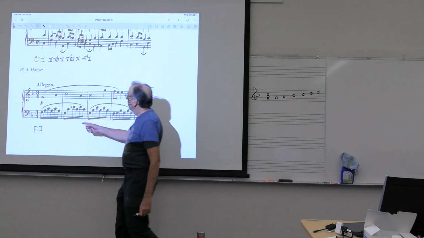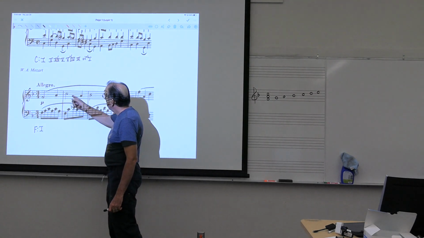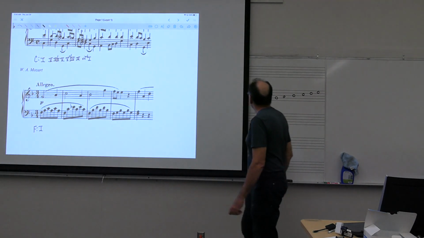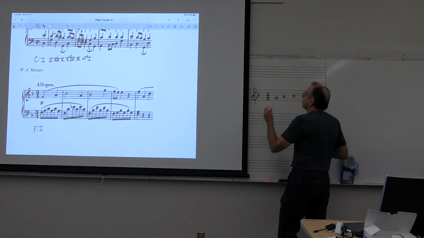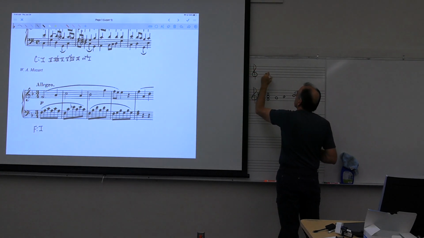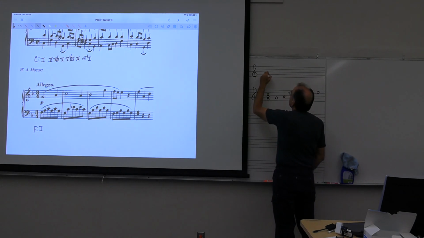We have F and C and E flat, and also C and A there. If we take those notes, I'm just going to do the bass part for now, but I'm going to write it in treble clef just to confuse you. So F and A, F and C, F and C and E flat.